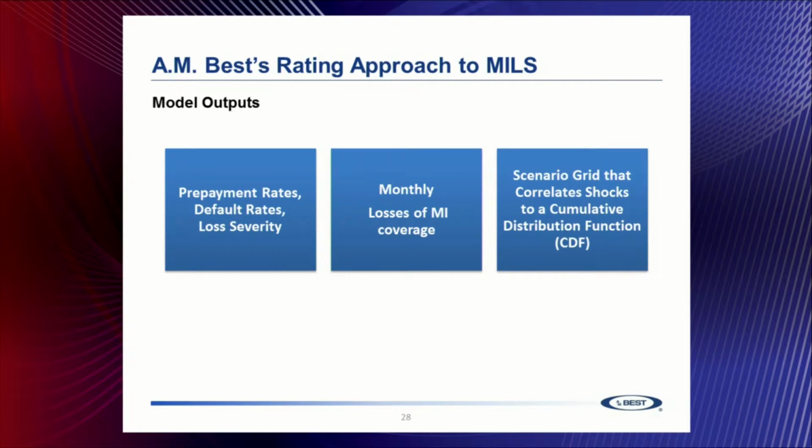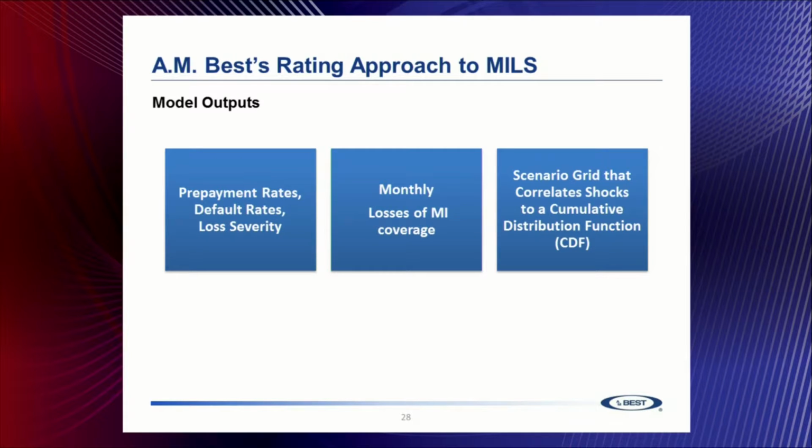The output from the model is results corresponding to 20 different scenarios. The scenarios that we are most interested in are the base scenario and some of the stressed scenarios. Each scenario is correlated with a cumulative distribution function, or CDF. CDF can be interpreted as the probability that the associated or lesser severe scenarios will happen.